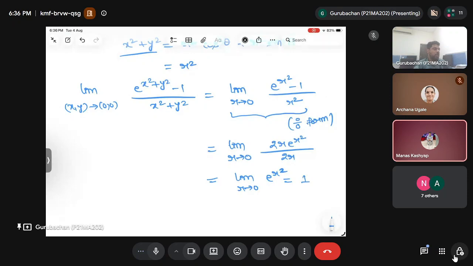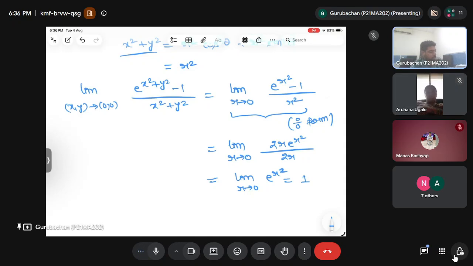Yes, sir. Now tell me, in which scenario can you tell by the polar coordinate that the limit does not exist? Here obviously the limit exists. You can see that it is not depending on any path.